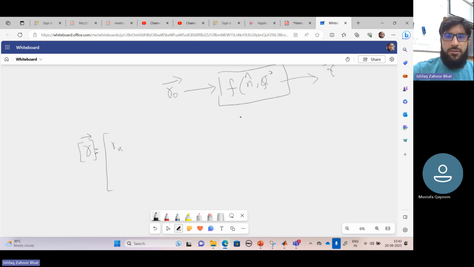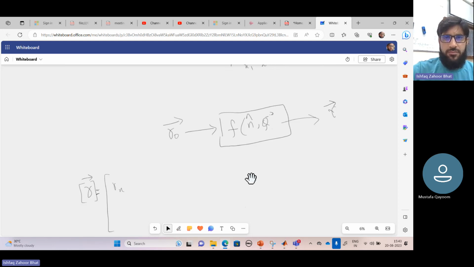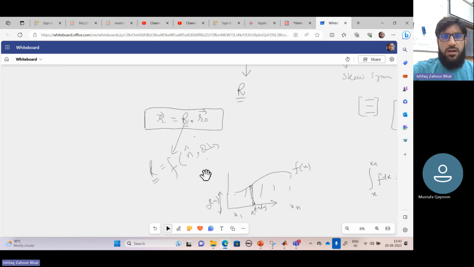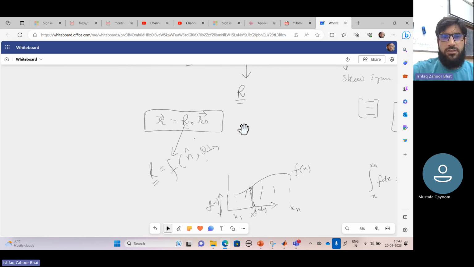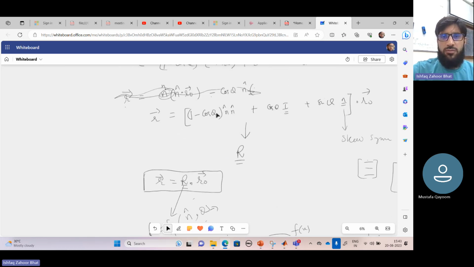So let us see how this R looks like. This is our formula to calculate this R, and we will see how it looks. Let me copy it.